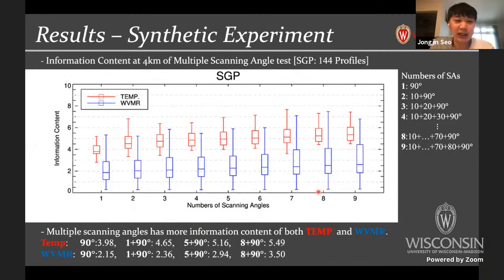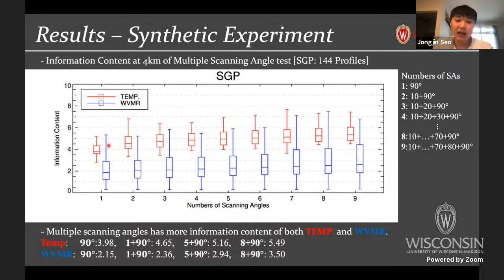So the next result is information content of multiple scanning angle test. Y is the information content, and X is the number of scanning angles. For example, 1 is single zenith, and 2 is 10 plus zenith, and 9 means 8 more scanning angles plus zenith.